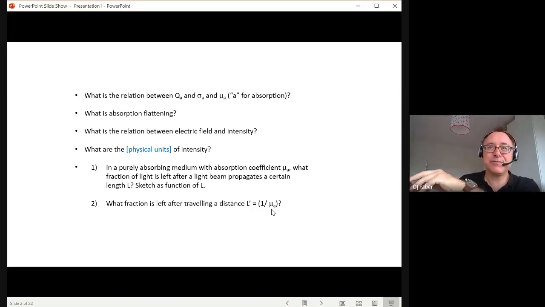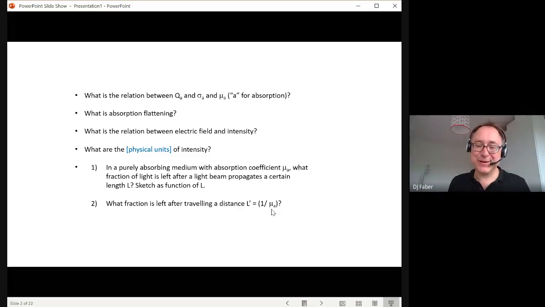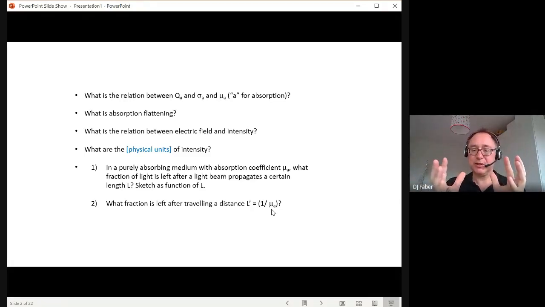So if you now for a moment adopt the picture of photons as particles that can hit another particle and then something happens. If you have these absorbing molecules inside a cuvette, then there is some probability of a photon hitting a particle.